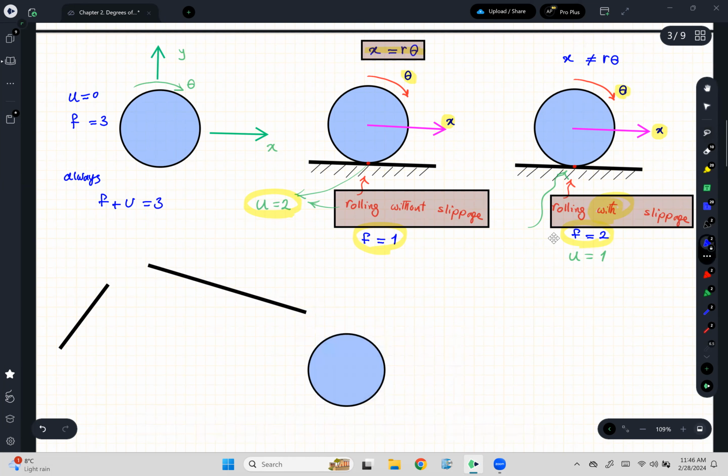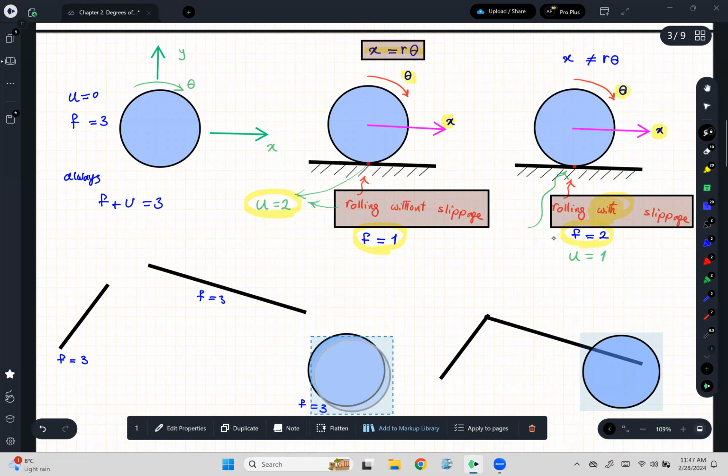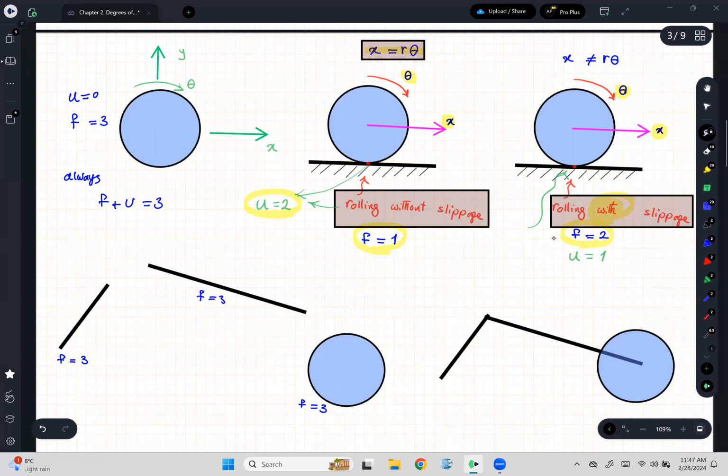Each of them by themselves has degrees of freedom of 3, 3, and this guy has degrees of freedom of 3. But let's make a mechanism out of them. I'll move that one there, and I move that one there.